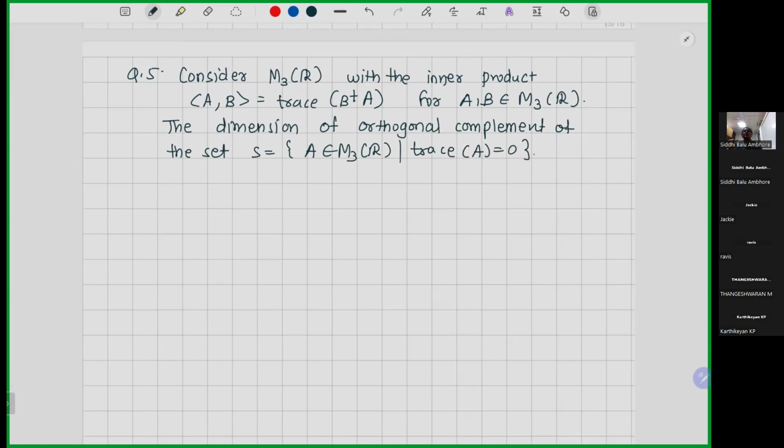So now the subspace, we are starting with the subspace S. We have to find the dimension of the orthogonal complement of this subspace S.